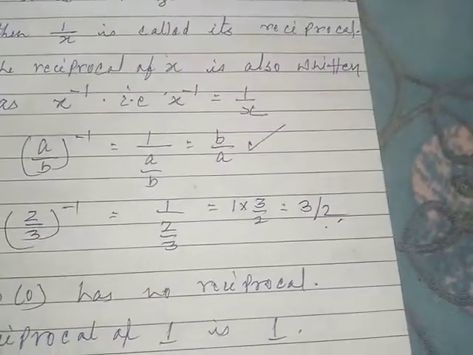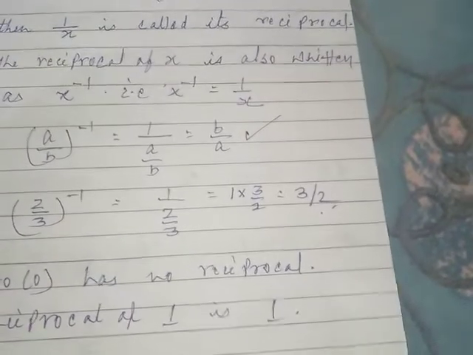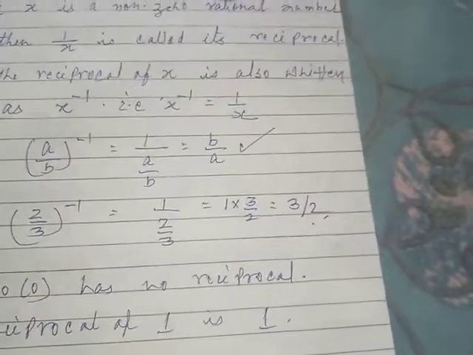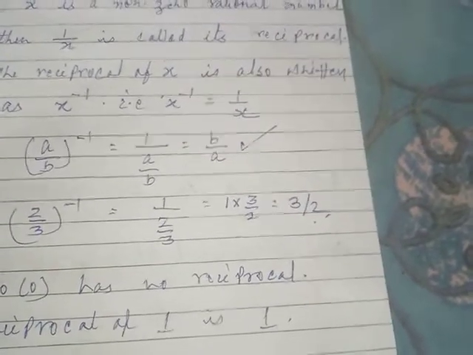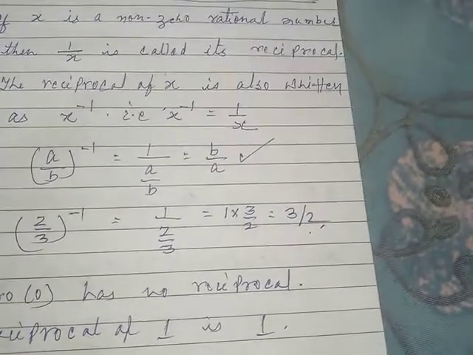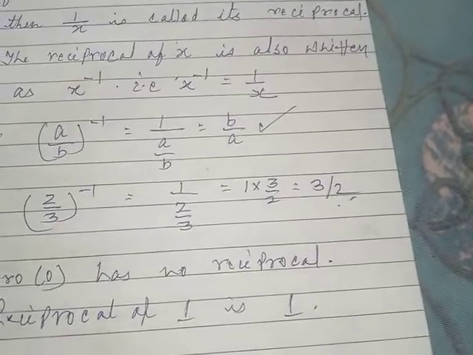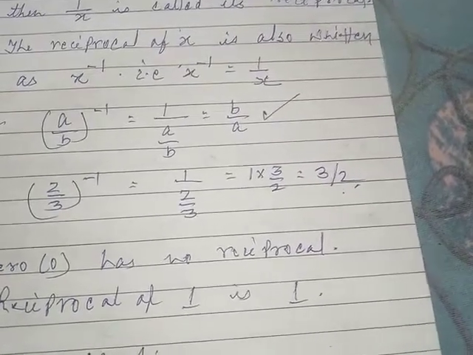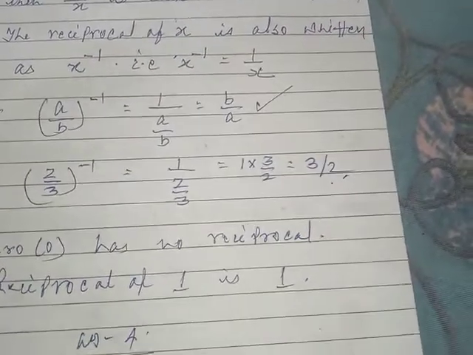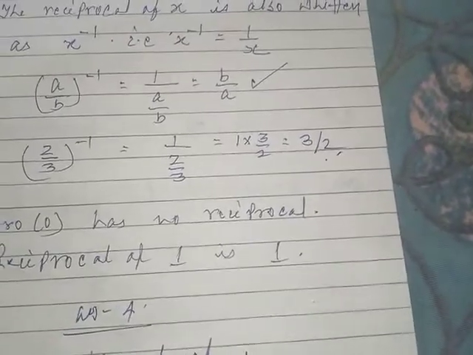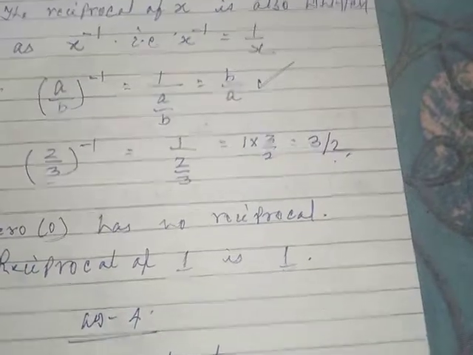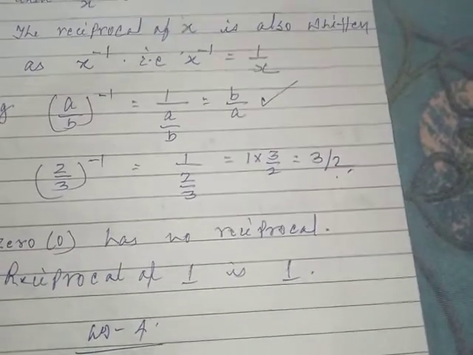Clear? Similarly, a by b is a rational number. Its reciprocal is a by b to the power minus 1, which is equal to 1 upon a by b, that is b by a. Similarly, reciprocal of 2 by 3 means 2 by 3 to the power minus 1, which is equal to 1 upon 2 by 3, and so it is equal to 3 by 2.